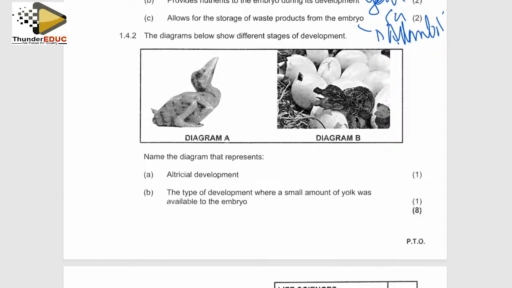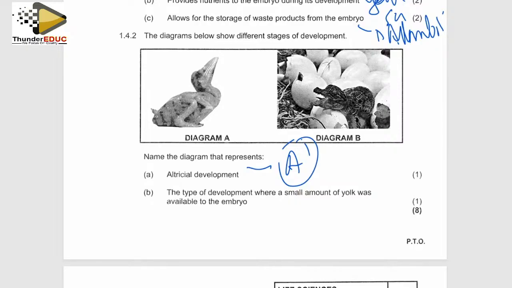Diagram, they're saying the diagram below shows different stages of development, saying altricial development. If you look at this one, it can walk, you see it, but this one, the eyes are closed and so on. So the answer is diagram A. Yes, and then they're saying the type of development where a small amount of yolk was available to the embryo. I explained this yesterday, and I said that they are closed because they have a small amount of yolk.